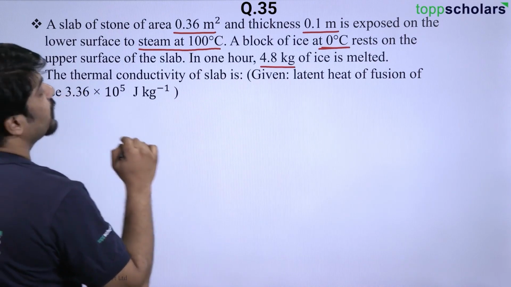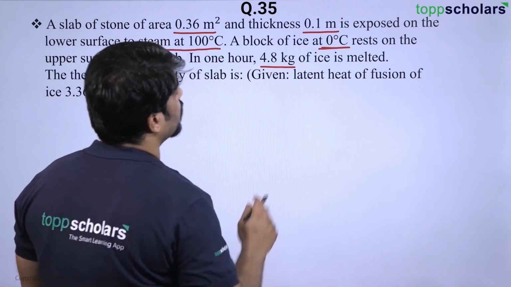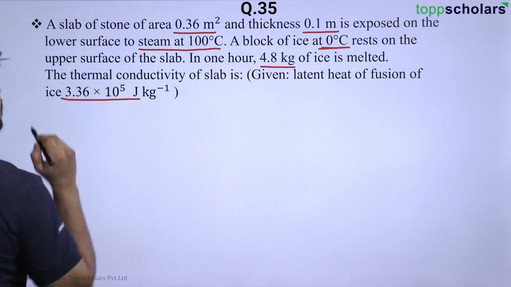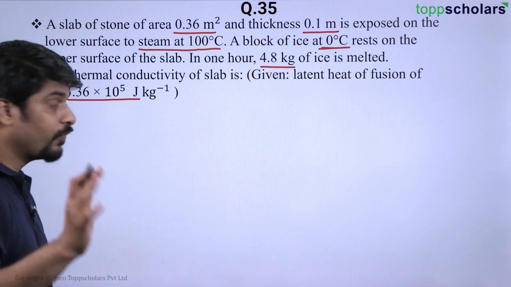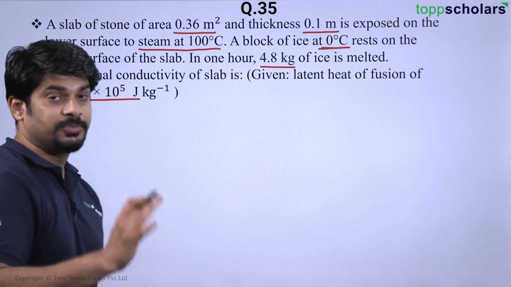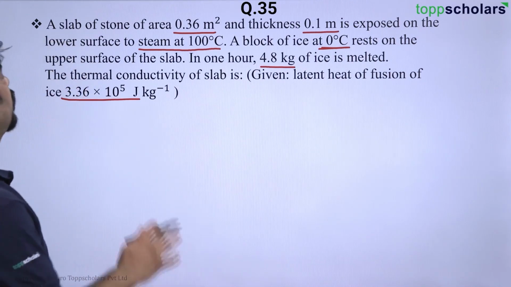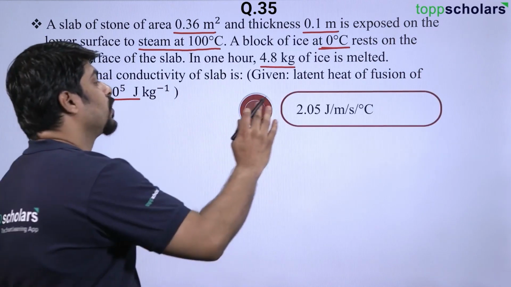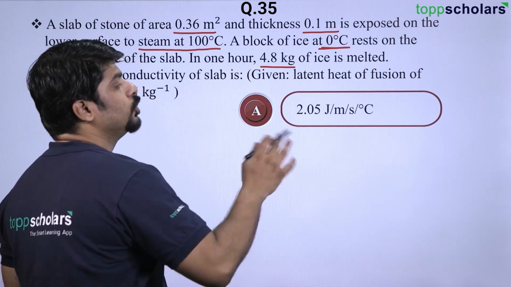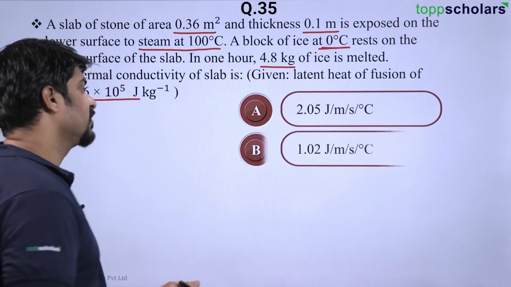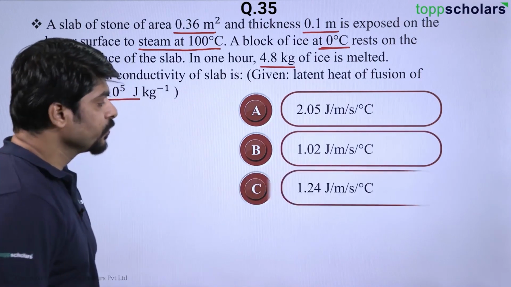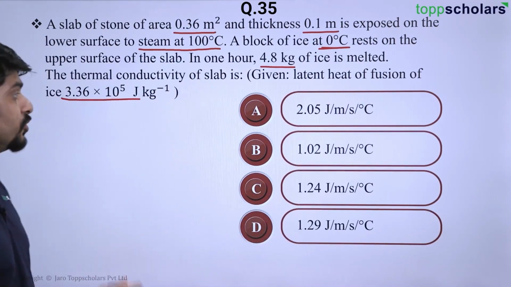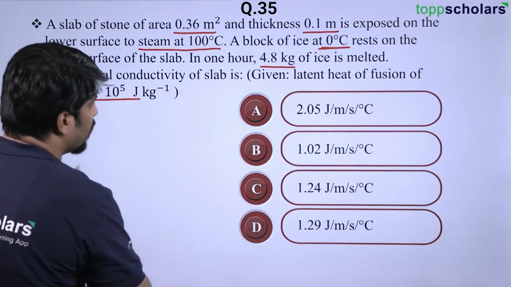The thermal conductivity of the slab is what? Given latent heat of fusion of ice is 3.36 into 10 raised to 5 joules per kg. Okay, so we have to find the thermal conductivity of the given slab. Options are 2.05 joules per meter per second per degree Celsius, then 1.02, then 1.24, then 1.29. Okay, so we have to find the correct answer.